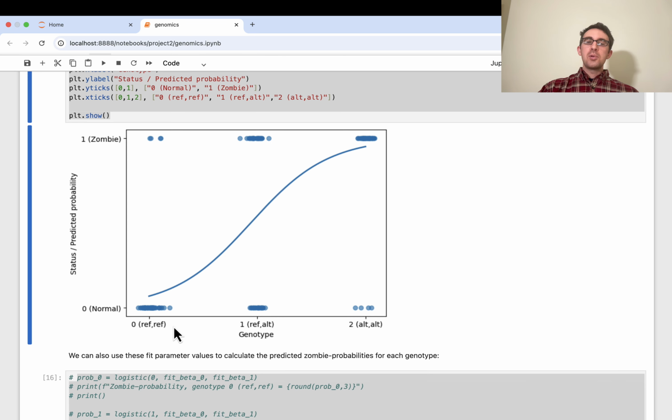We plug in whatever genotype this new sample has. Maybe it's a 0, and we predict a pretty low probability that this person will turn into a zombie after being bit. Or if they have a genotype of 2 for this SNP, maybe we predict a pretty high probability. Or if they have a genotype of 1, maybe an intermediate probability.